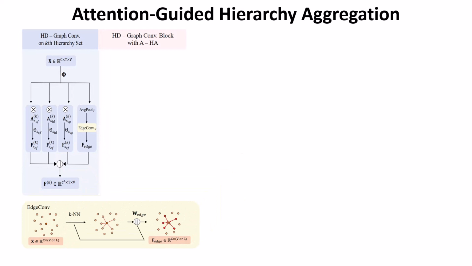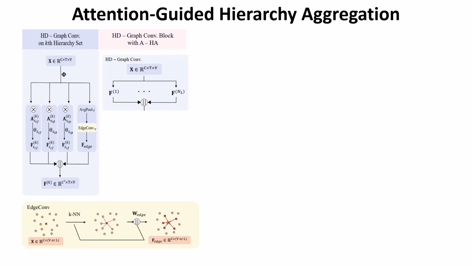In this AHA module, they say initially we have a set of HD graph convolutions. Like this F1 is actually 4 different branches and then a concatenation of them, which results in this F1. And likewise in all the others until we reach FL, which in our case is just F4, right?